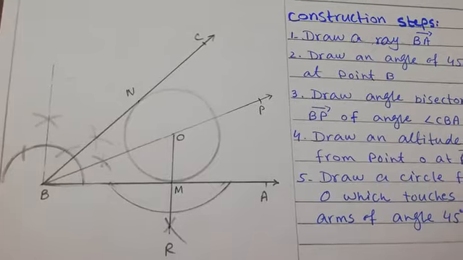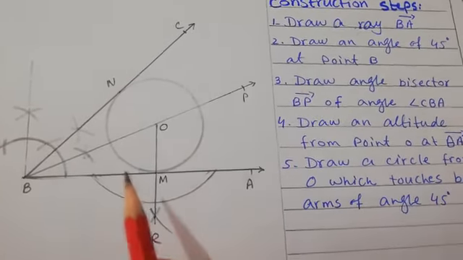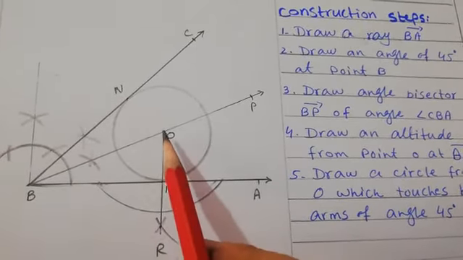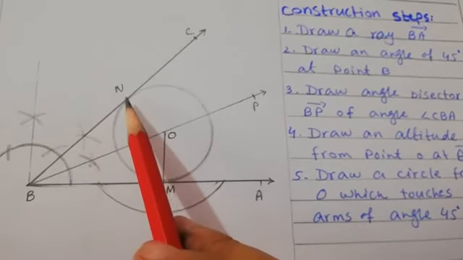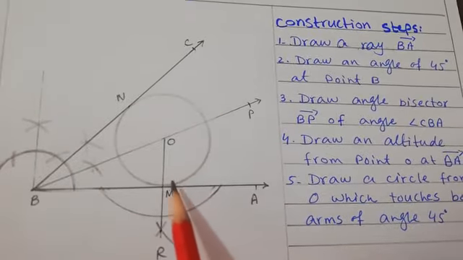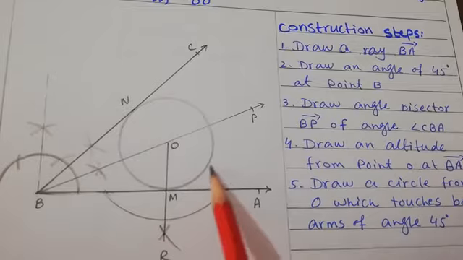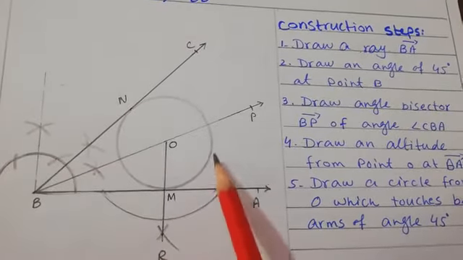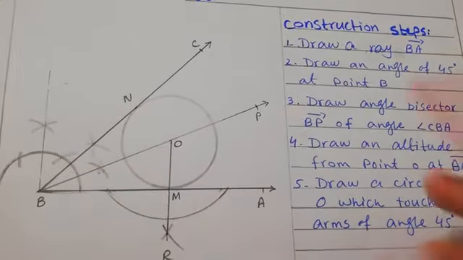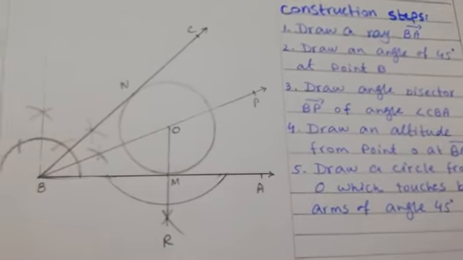This point is the center. Now we will put the compass at this point and draw a circle in such a way that it touches both arms of the 45 degree angle. So this is the required circle.